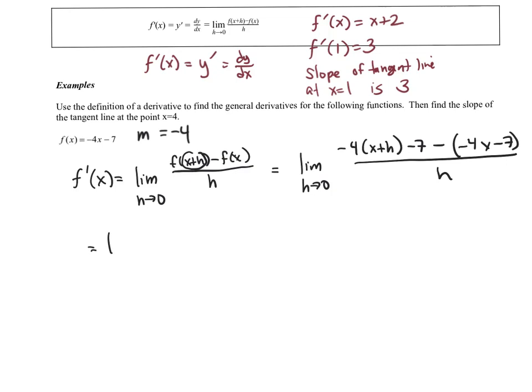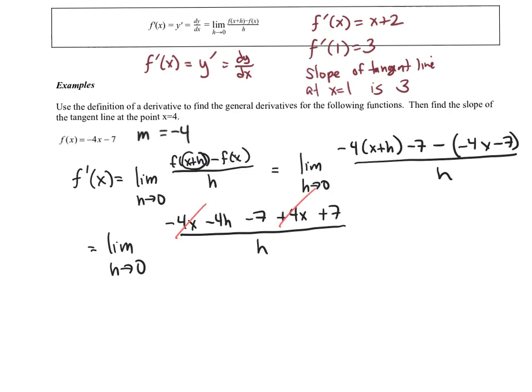So now if I do a little bit of algebra, I'll get negative 4x minus 4h minus 7 plus 4x plus 7, all over h. And not surprisingly, the x's go away, the 7's go away. So this just turns into the limit as h goes to 0 of negative 4h over h. The h's cancel, and we are left with negative 4.